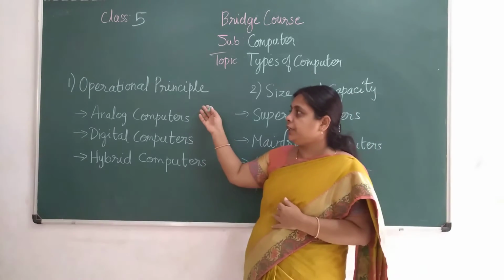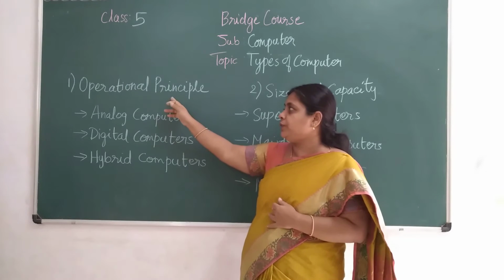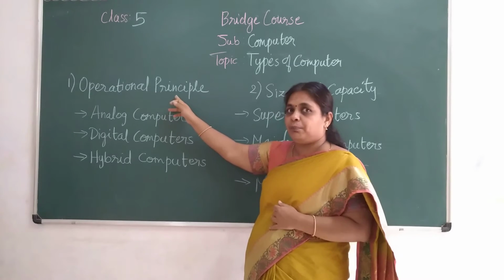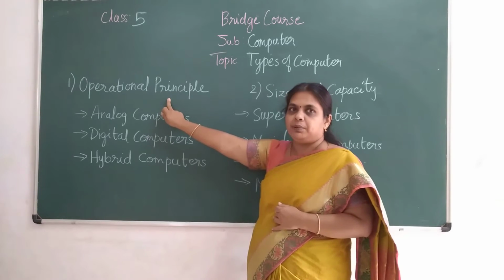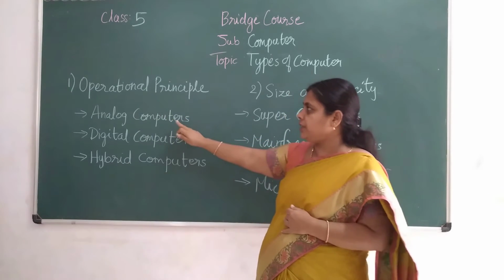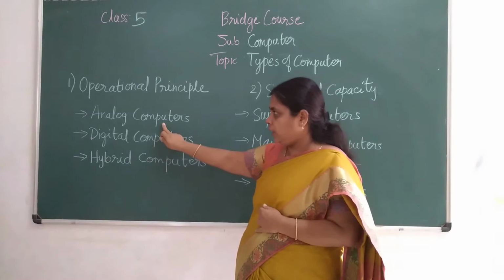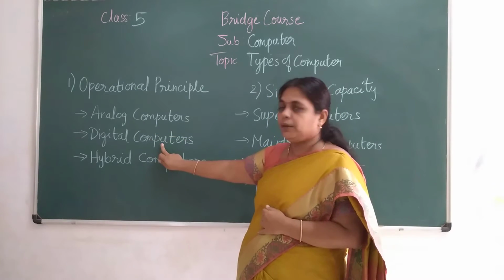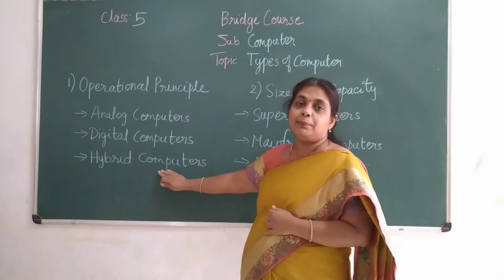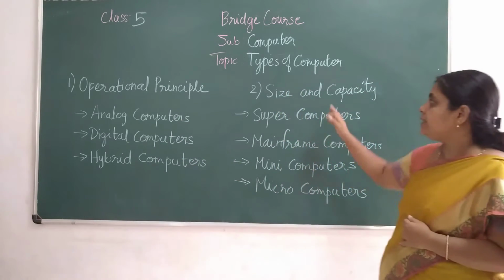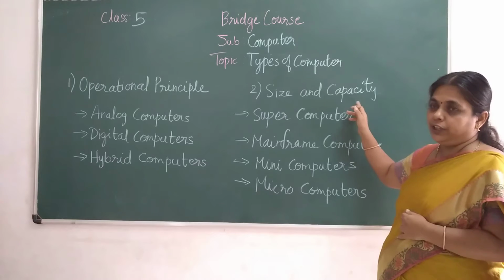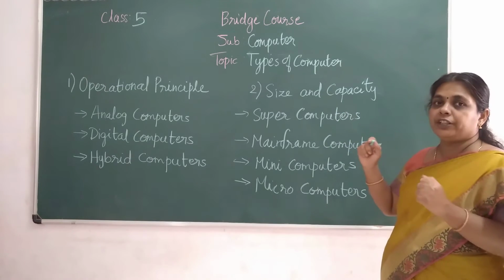In today's class we are going to see the types of computers based on operational principle. Based on operational principle, you have analog computers, digital computers and hybrid computers. One by one we will see. Another classification is size and capacity: how big it is and how much memory or storage it can hold.